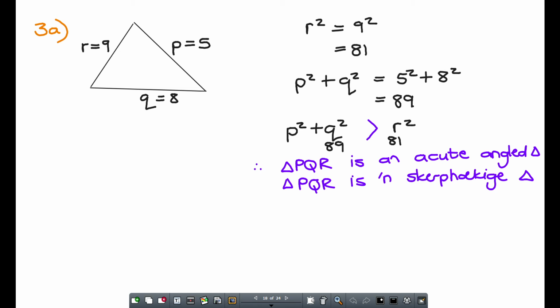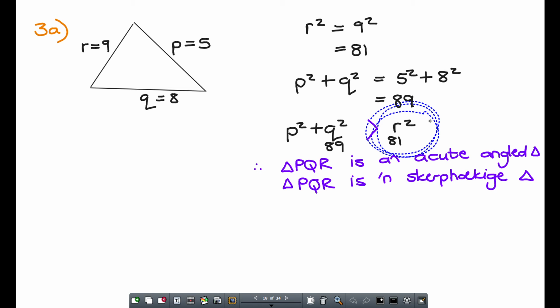Now, remember I showed you guys this. Okay, so this is our normal right angled triangle. So the hypotenuse would be the one over here, the 90 degrees being here. In this case, the hypotenuse or the longest side, the r squared, can you see that is smaller than the rest?